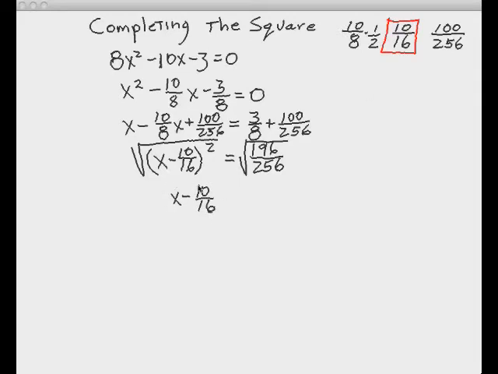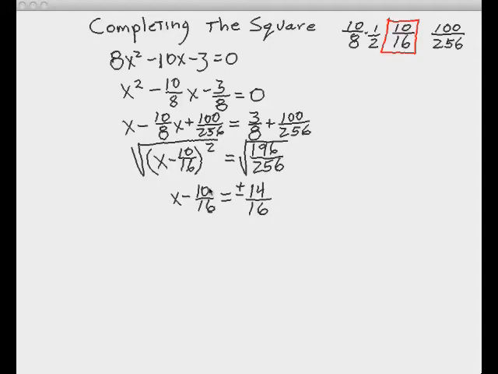Don't need the parentheses. Equals this square root. Well, this is the square root of 196 over the square root of 256, which ends up being 14 over 16. And once again, this has to be plus or minus. Because if I take two negatives and square them, or two positives and square them, I still get a positive number.